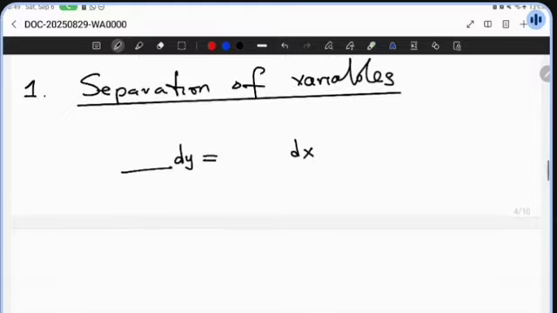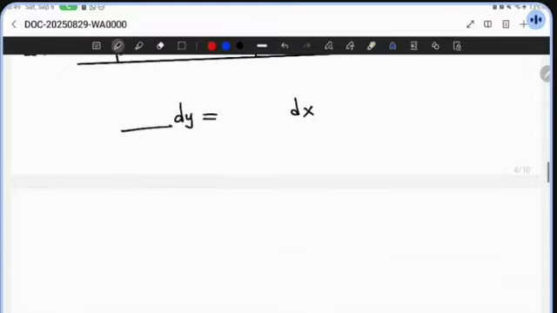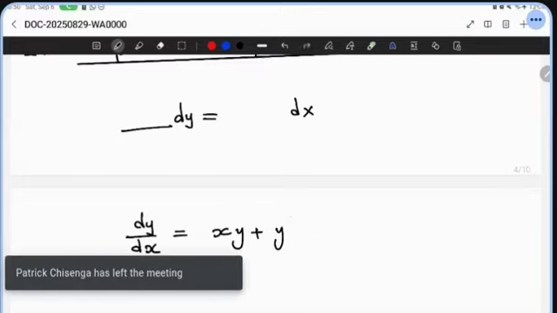Let's say dy/dx equals, let's have something basic here. What can I put here? x, y, maybe plus, maybe y squared. Y squared might be tricky. Let's say y sine x.